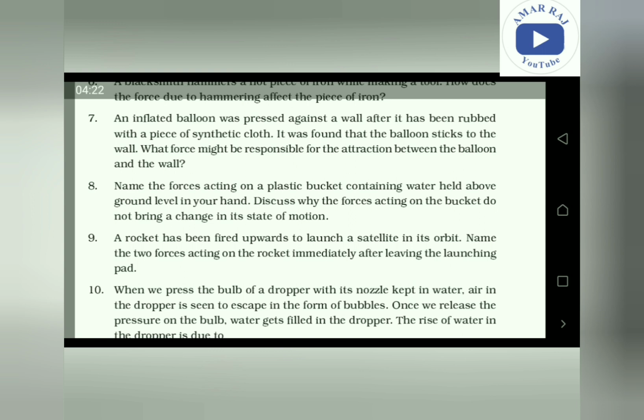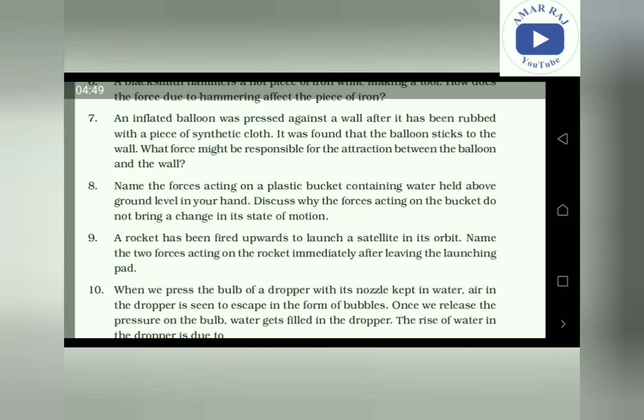Immediately after leaving the launching pad, the forces acting, obviously one is gravitational pull towards the earth and another would be the force applied by the rocket engine.